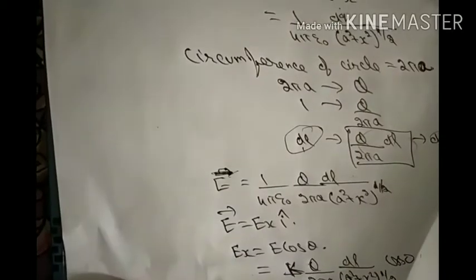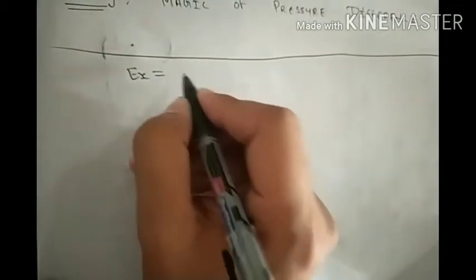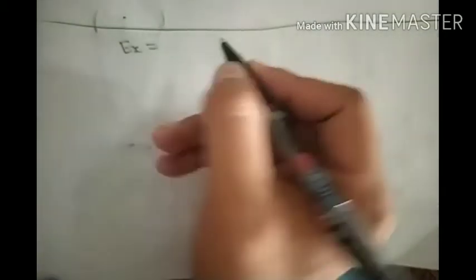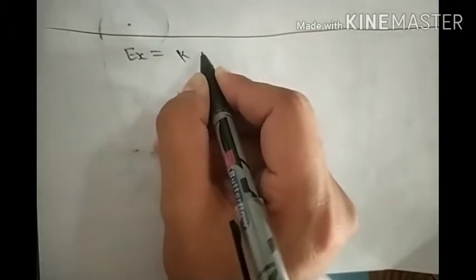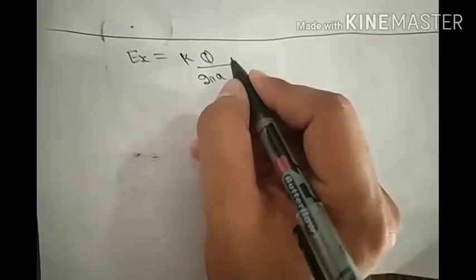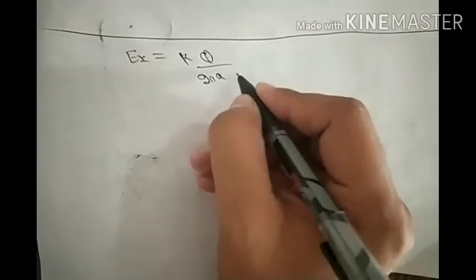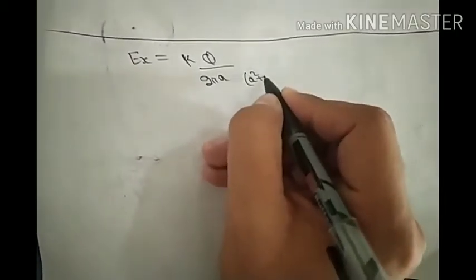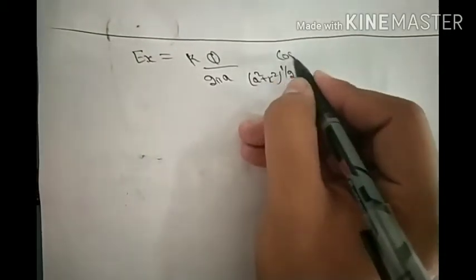I write on the next page. Ex = k q upon 2 pi a, upon (a square plus x square), and cos theta.